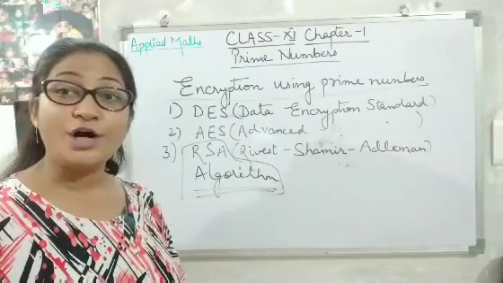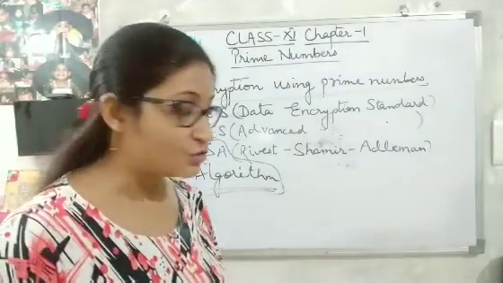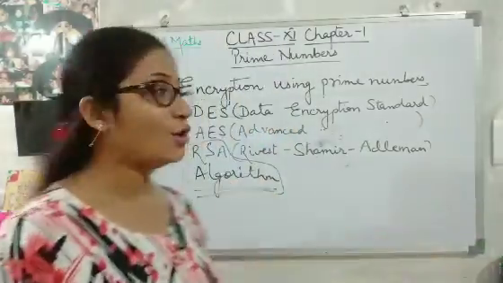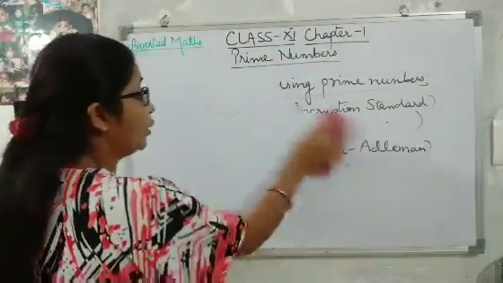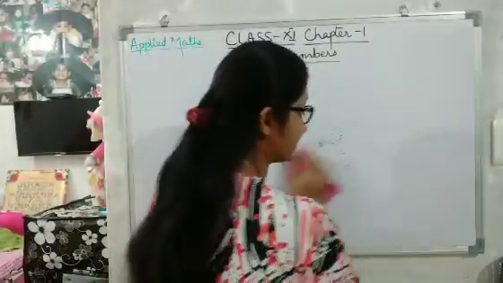Now, what is an algorithm? First of all, we should know this. All those who have learned computers in the previous classes are quite aware of what an algorithm is.